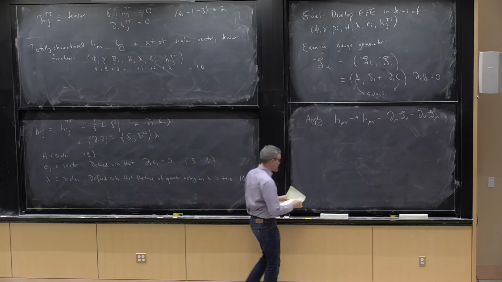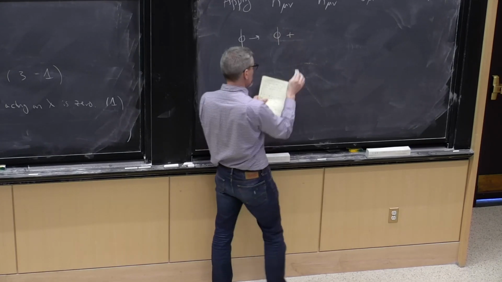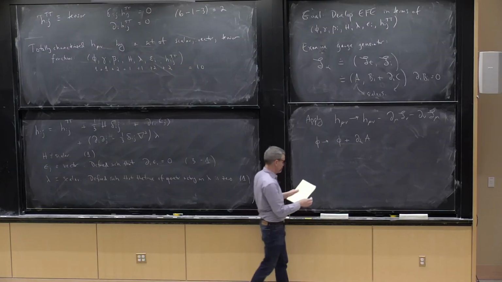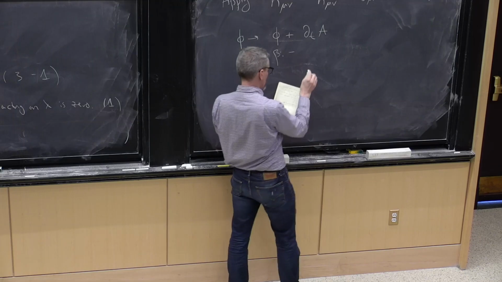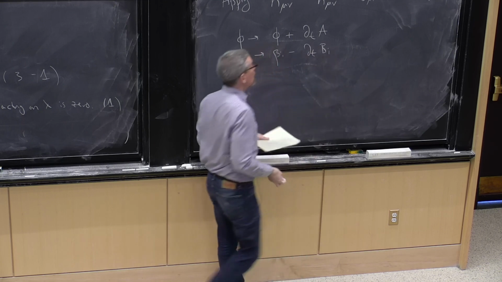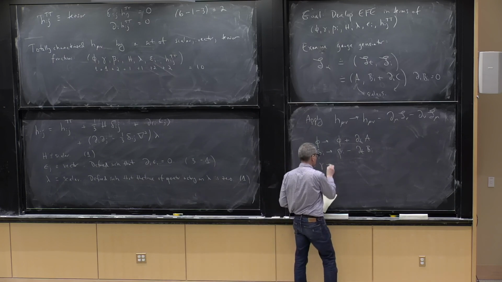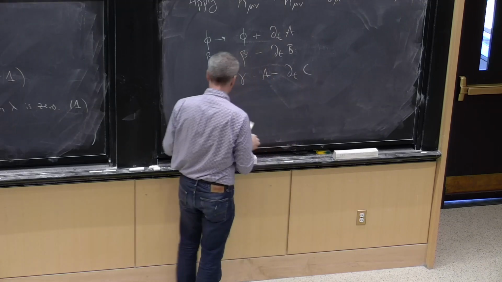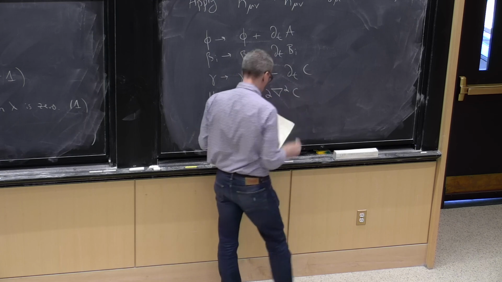When you do this, what you discover is the function phi changes to the original phi plus something that looks like the time derivative of that scalar A. The beta picks up a term that looks like the time derivative of the vector field B. Gamma goes to gamma minus A minus time derivative of C. H goes to H minus 2 nabla squared of C.